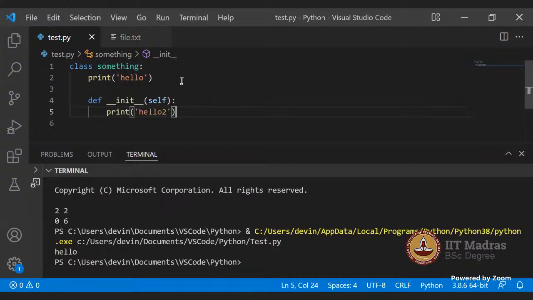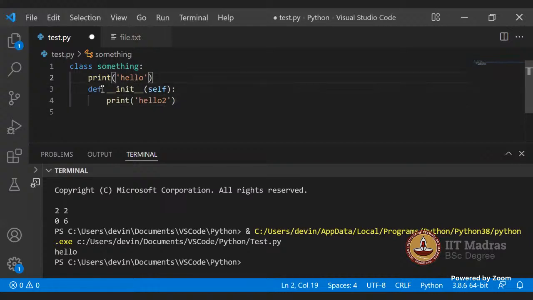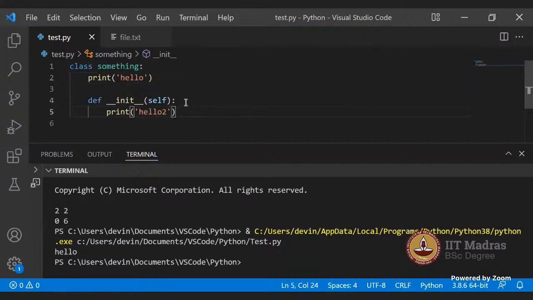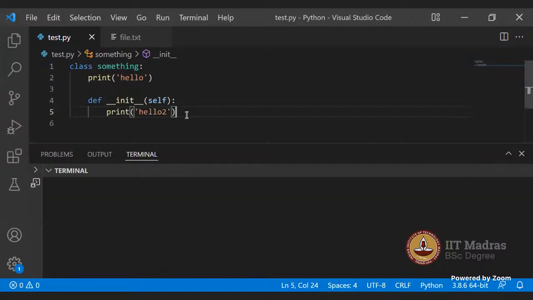Are you able to see this? Yes, sir. Okay, so here I have not called any constructor. I did not define any object there. I have just defined the class here. Let me run this code.